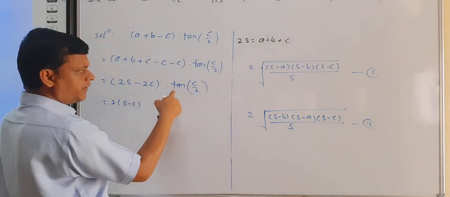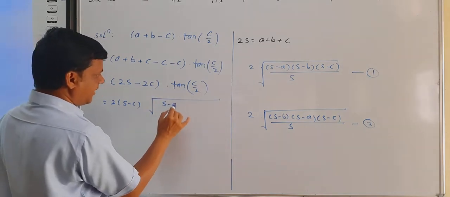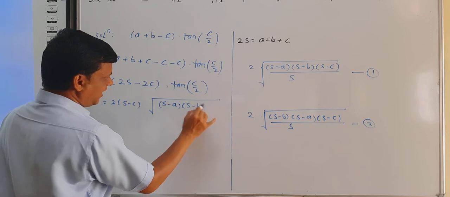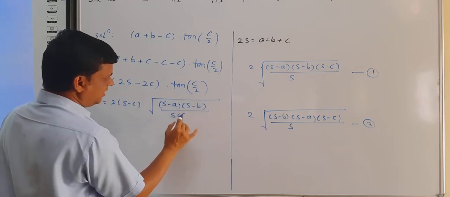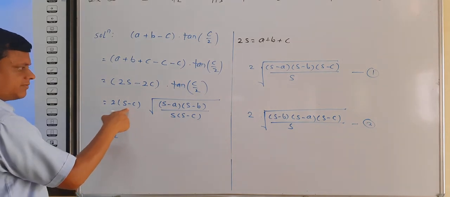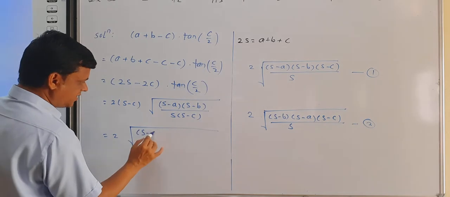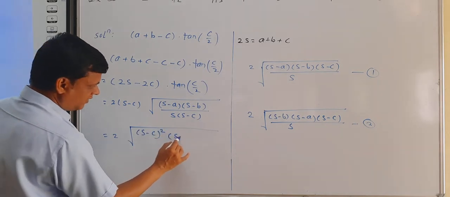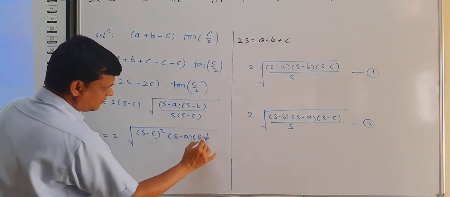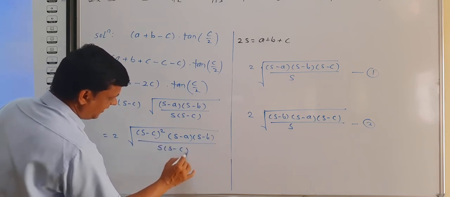Now substitute the value of tan(C/2), that is under root (s − a)(s − b) upon (s − c). So writing this (s − c) in square root, we get (s − c) its square, (s − a)(s − b) upon (s − c).